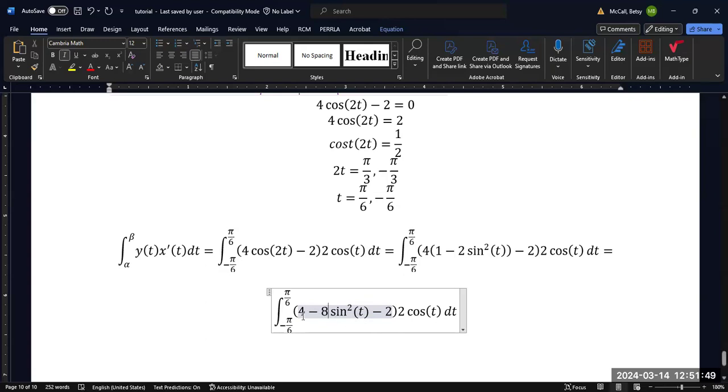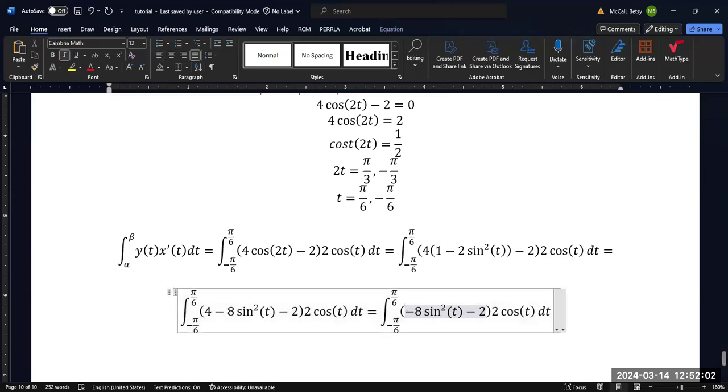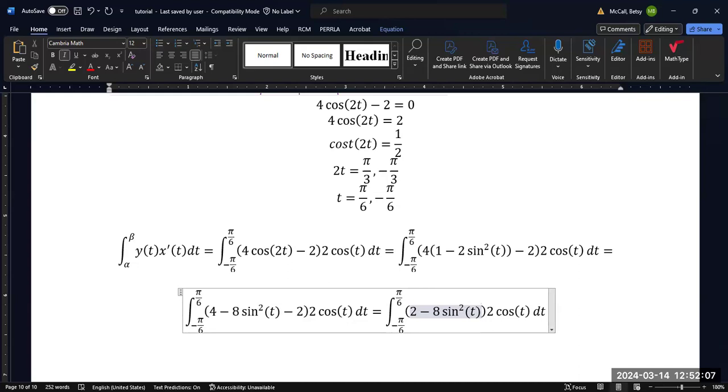And then we're going to be able to combine our 4 and our 2. So 4 minus 2 is going to give me a 2. And then we need to distribute the 2 cosine t through this.